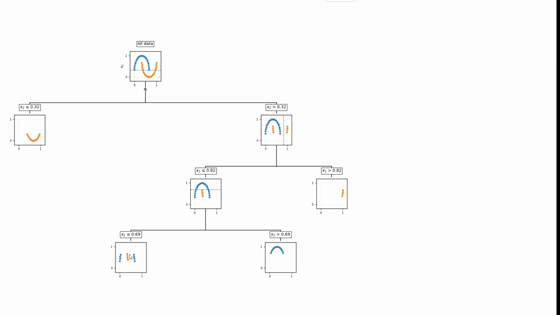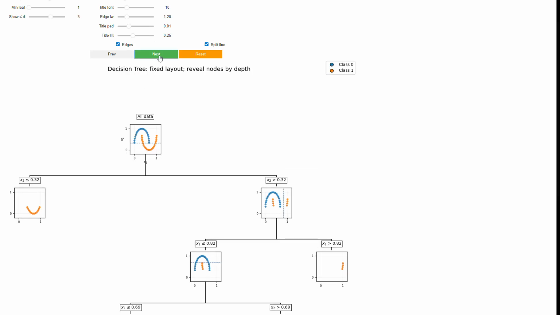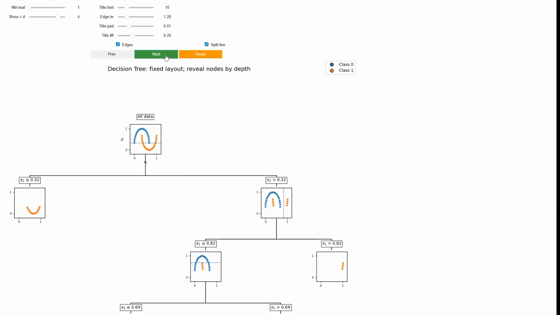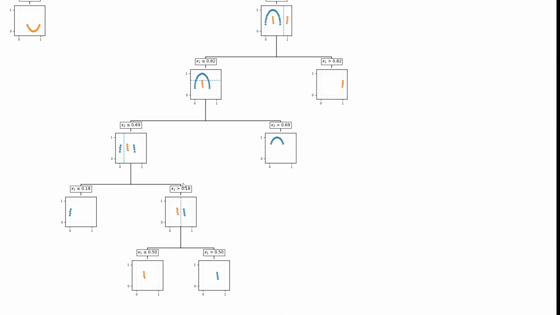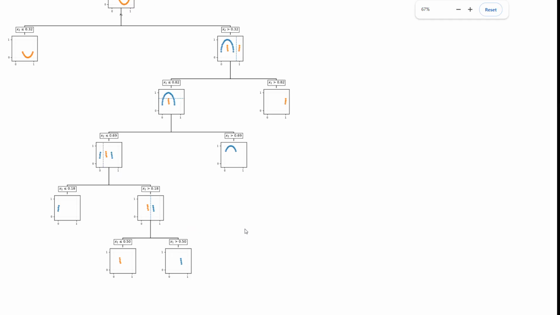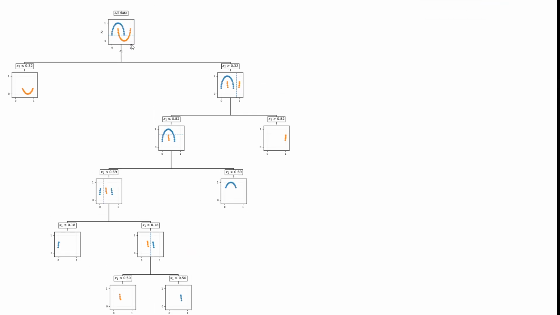You can further split this node like this. So you could choose the x1 variable and take the threshold here, which is 0.18, and split this further. Again, this node can be split further by using the x1 variable again. So we can draw a split here and split this further. So this is the final decision tree that we obtained using the algorithm.